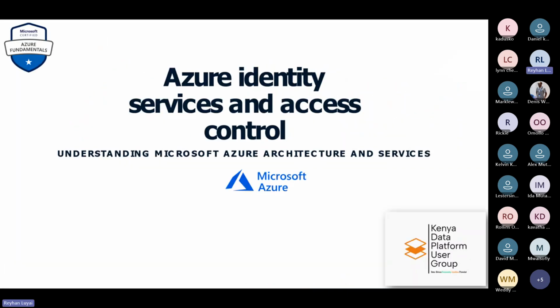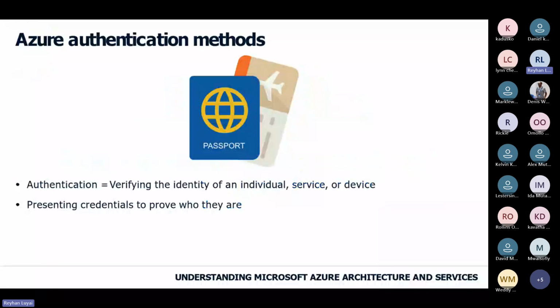So let's look at some Azure identity authentication methods in Azure. First we have authentication, and as we know, authentication is the process of verifying the identity of an individual, service, or device by presenting credentials to prove who they are.